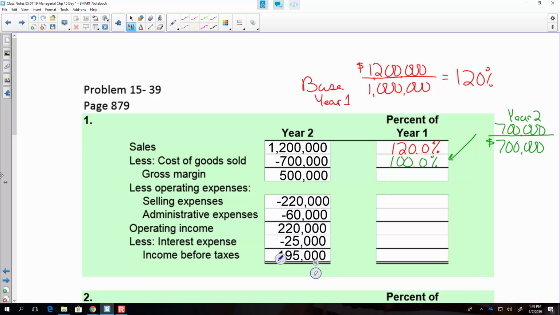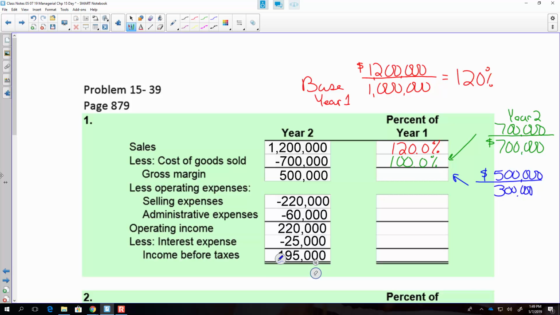Our gross margin, our third number, our base amount is how much? What's our bottom number for year 1? That 300,000. So that is what percentage then?